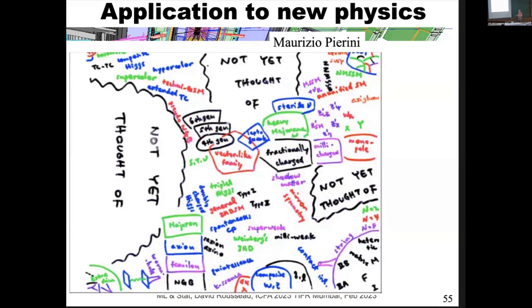One way is to say, okay, I have this signature of SUSY, or whatever, a Z prime, so two jets with a resonance at high mass, etc. And then you look for this signature. But there's always a signature which you don't think about. Maybe a theorist will think about it in 10 years. So better to find it right now. So people are looking into these techniques to look for the unexpected.